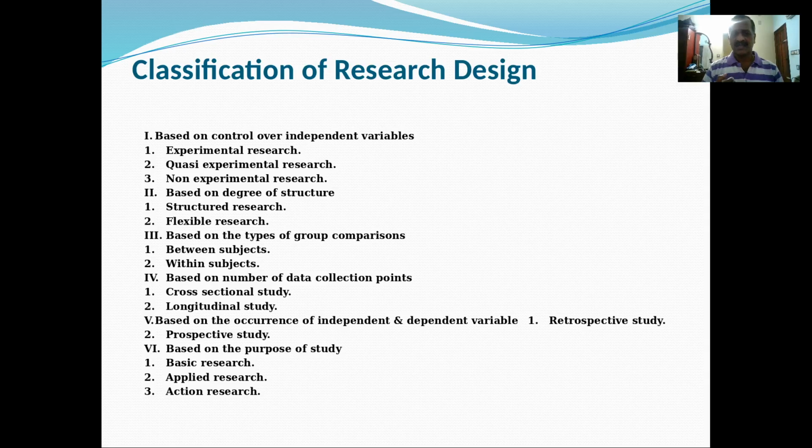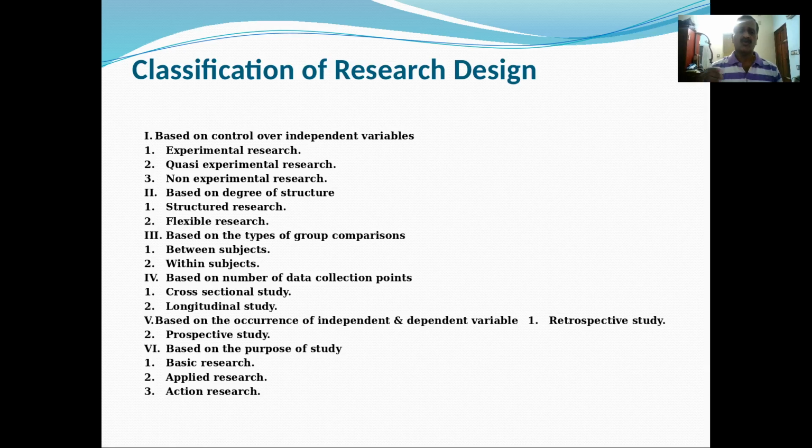Whereas the second type is quasi-experimental research, where some flexibility is there, or some elements of true experimental research will be missing, especially one element will be missing. That is quasi-experimental research.